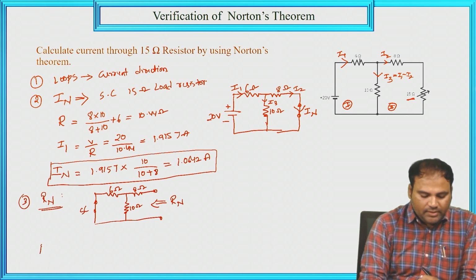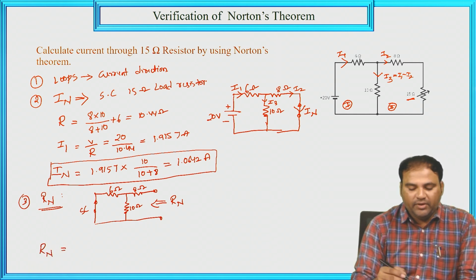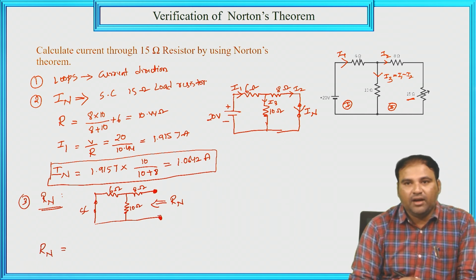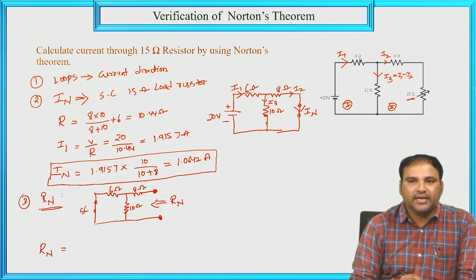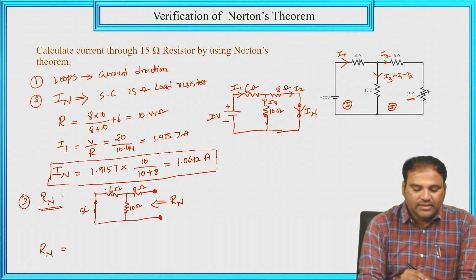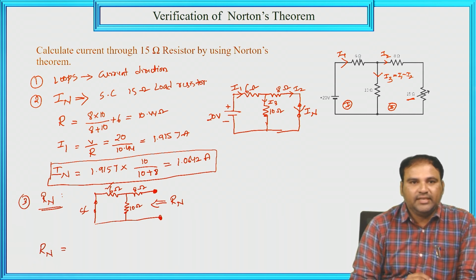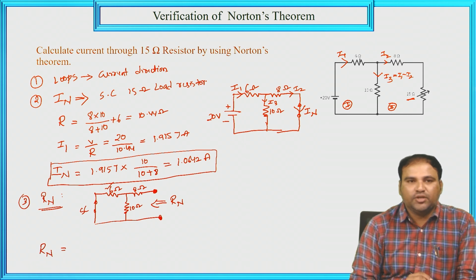Now the Norton's resistance Rn is equal to, here on this side we need to calculate the equivalent resistance, so we have to start from the opposite side. On the opposite side we have the 6 ohm resistor. So 6 and 10 are connected in parallel.